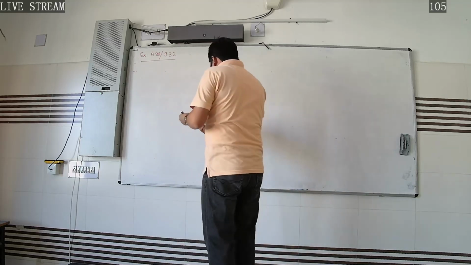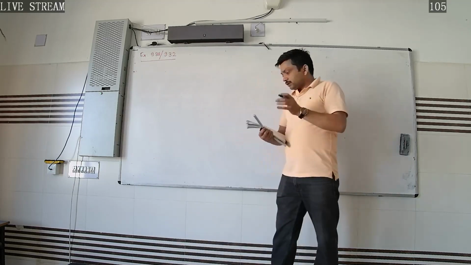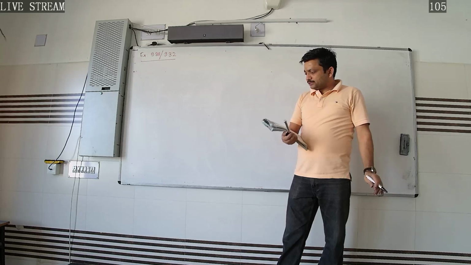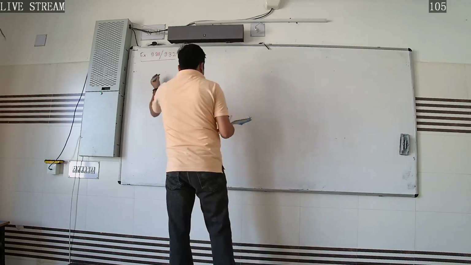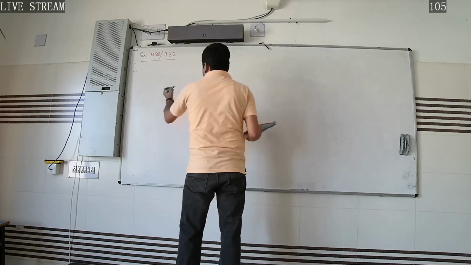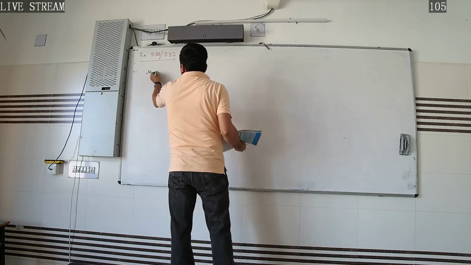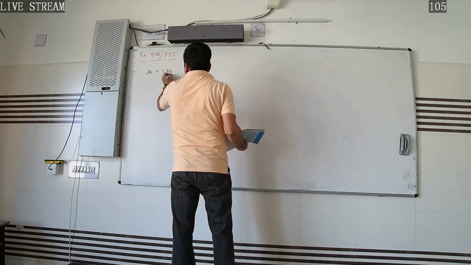The question is: the figure shows an equiconvex lens. We have been given the refractive index of this glass, mu equals 1.50.